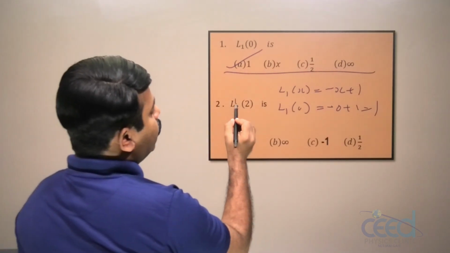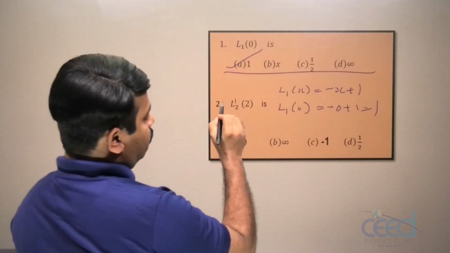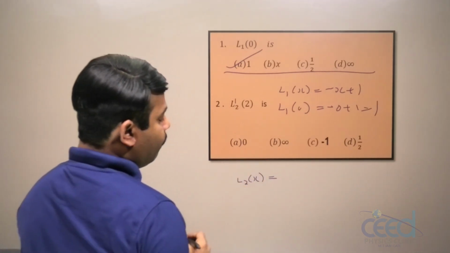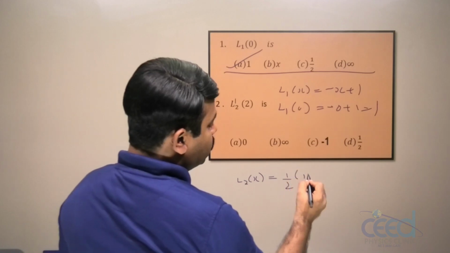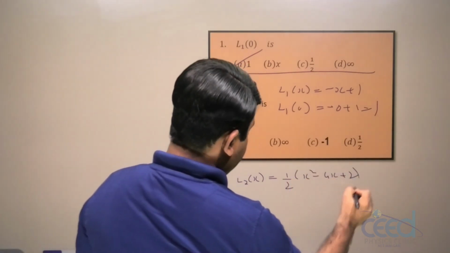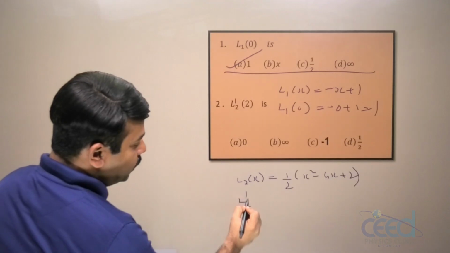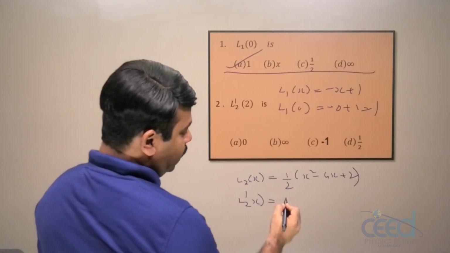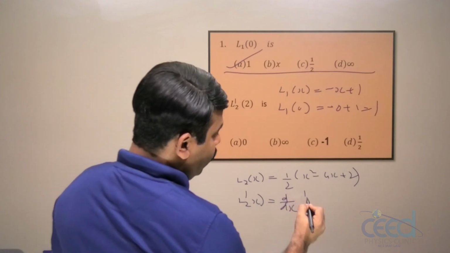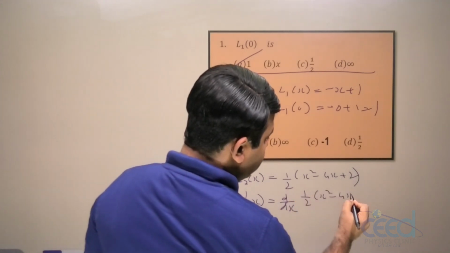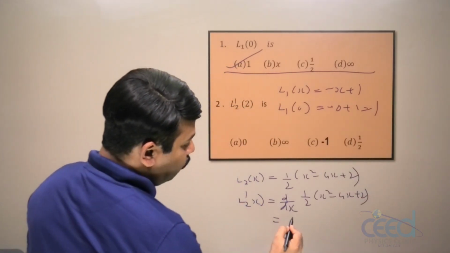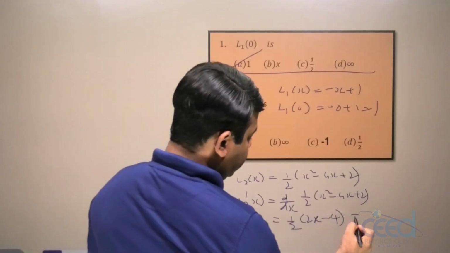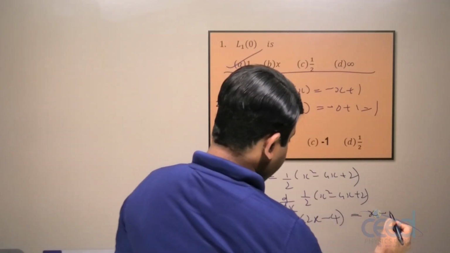Now L2 dash of 2. L2(x) is equal to 1 by 2 into (x square minus 4x plus 2). Now L2 dash of x is the differential of this, d by dx of 1 by 2 (x square minus 4x plus 2), that is 1 by 2 into (2x minus 4), which is x minus 2.